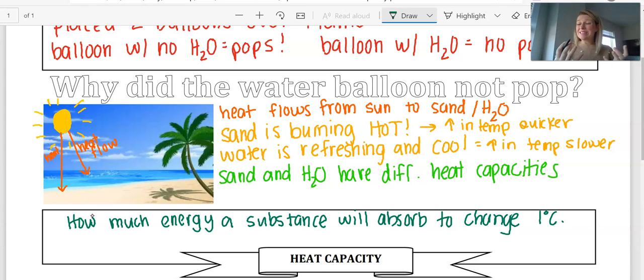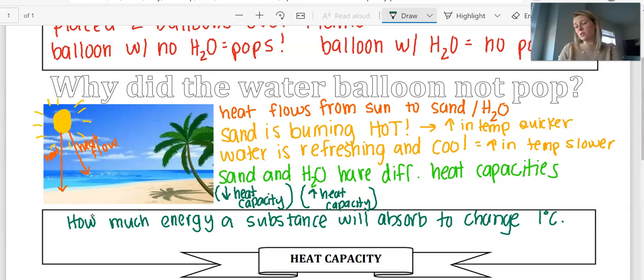And so sand has a very low heat capacity, and that's kind of hard to understand, but if you think about that, it requires very little energy for sand to change 1 degree Celsius, whereas water has a very high heat capacity.